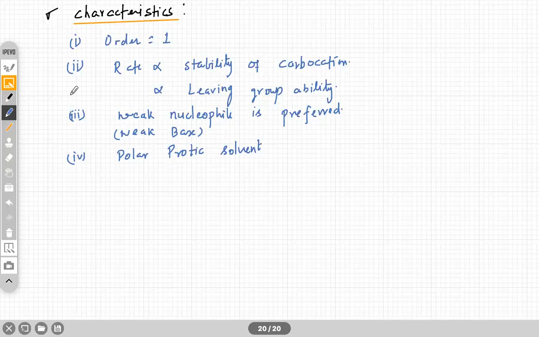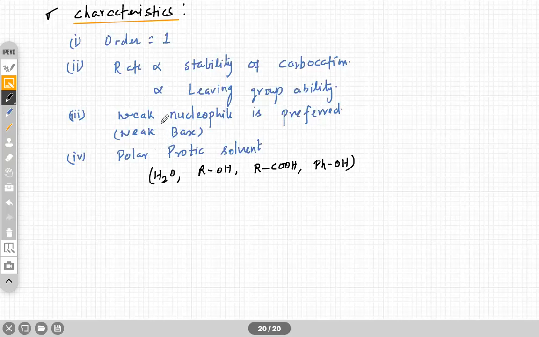Hydrogen is attached with an electronegative element. For example, H2O is a polar protic solvent. Alcohol is a polar protic solvent. Acid is a polar protic solvent. Phenol also we can take for this purpose. Ethers are polar aprotic solvents.